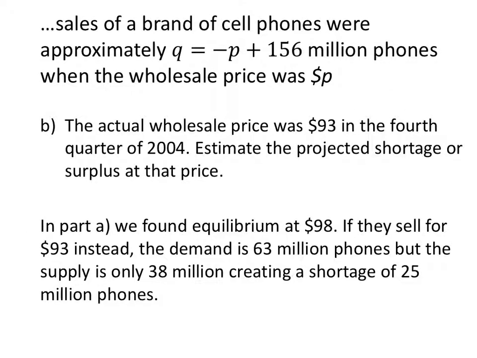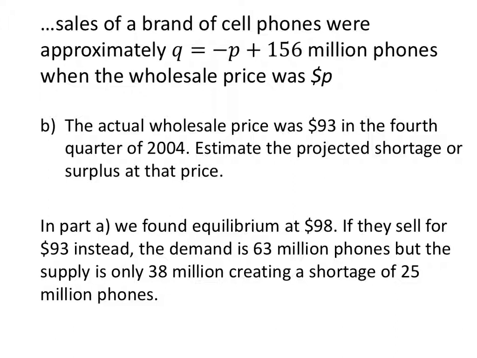But the actual wholesale price was $93, not $98. So if they sell for $93 instead, I could put the 93 in for my demand equation, as a negative, and I add 156 to it. That's 63 million phones for the demand.